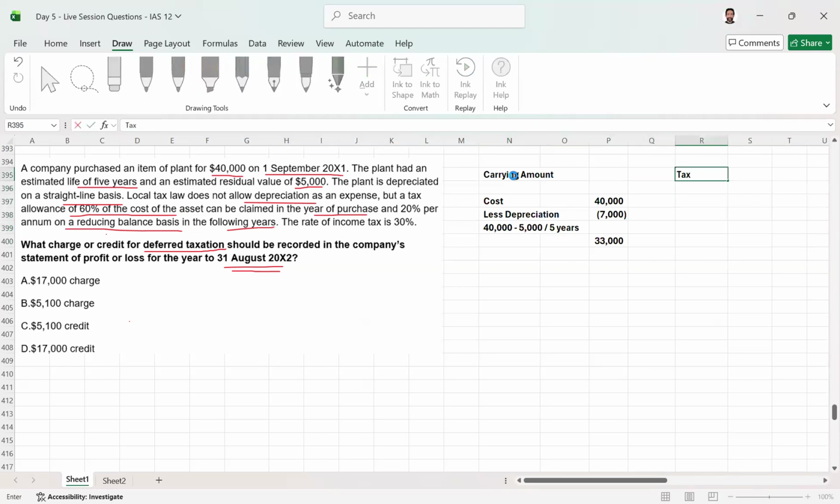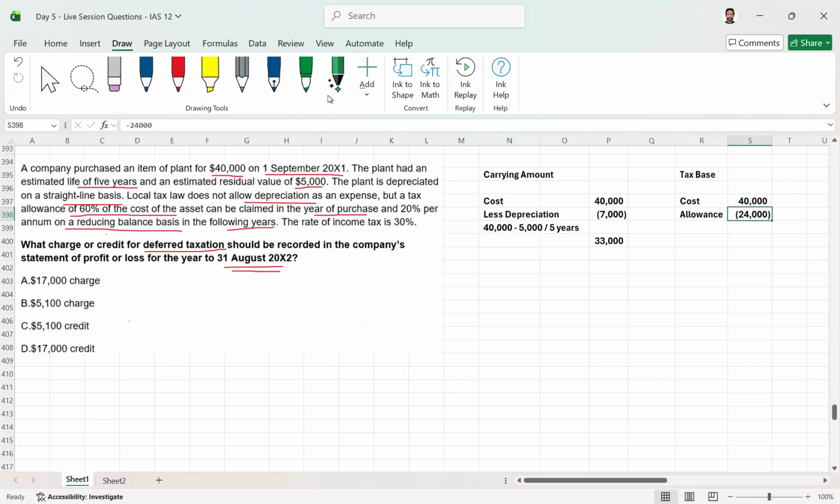If we look at the tax base, the tax base is cost, which is the same as 40,000, whereas the allowance that they are offering is 60%. If we take 60% of this value, we have 24,000. They are allowing a 60% allowance of the cost.